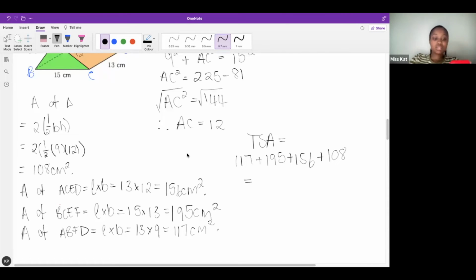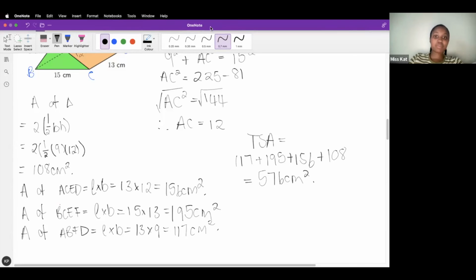I feel like I'm going to add these up before you guys. Plus 156 plus 108. Okay. 576 centimeters squared. Now let's have a thumbs up, thumbs down.